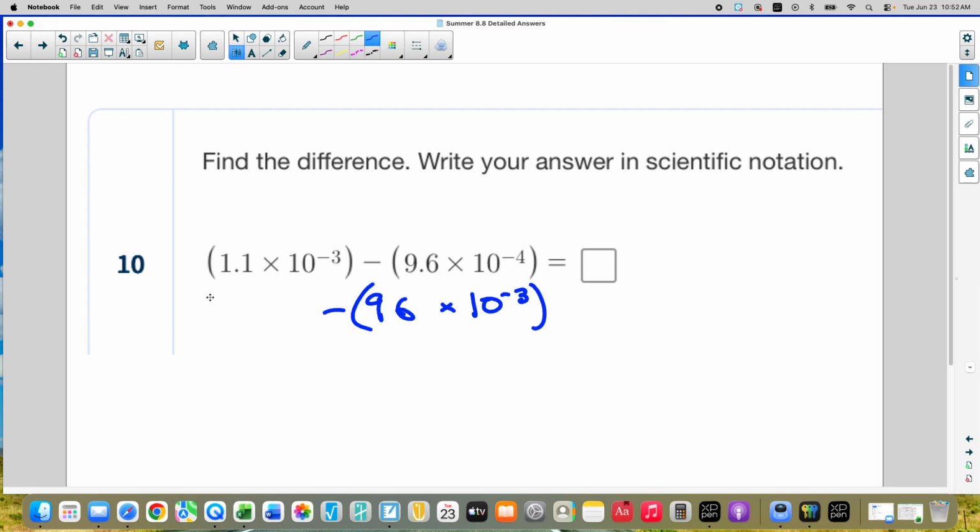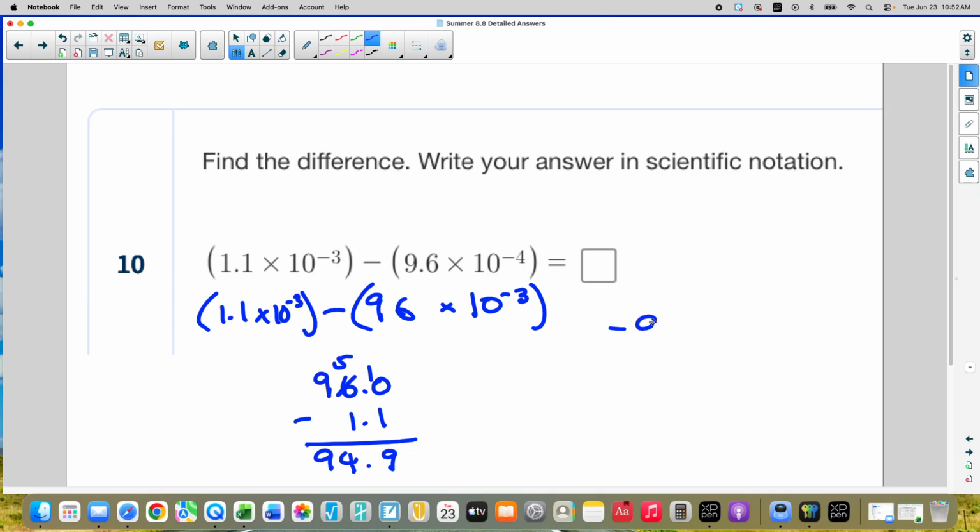And then you can subtract them times 10 to the negative 3. And as we notice, we would subtract those, 96 minus 1.1, and you got to borrow. That gives me 9. This gives me 4, so 94.9. Now that's negative 94.9 times 10 to the negative 3, because these will just continue to be place values.